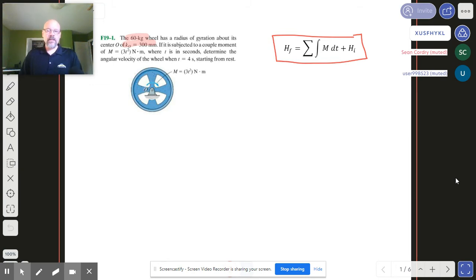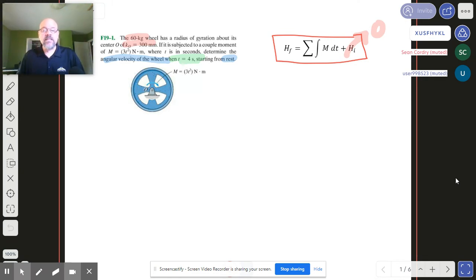And we want to know what's the angular velocity of the wheel. That's our target, starting from rest, 4 seconds later. Since we're starting from rest, we're going to be able to toss that term right there. That term's going to go to 0 for us.